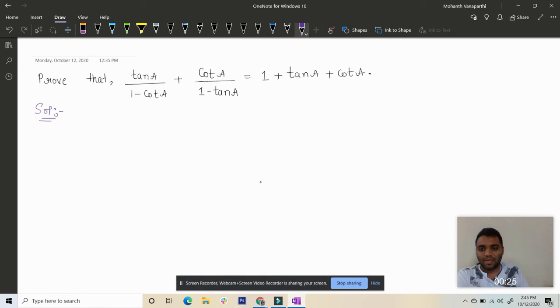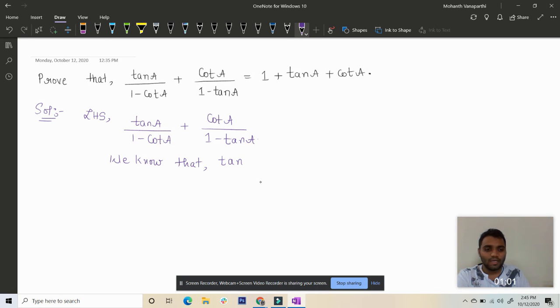So the given LHS part is tan A divided by 1 minus cot A plus cot A divided by 1 minus tan A. We know that tan theta and cot theta are inverse.